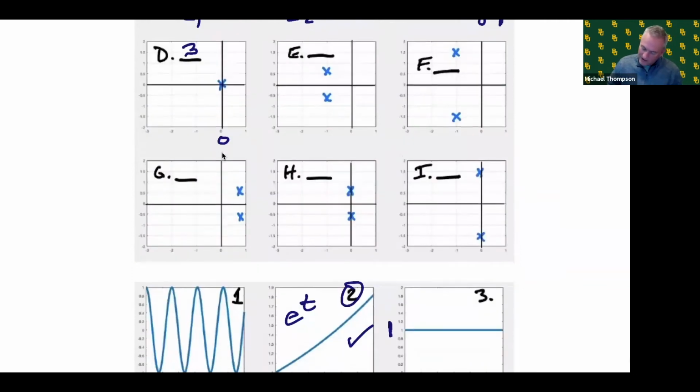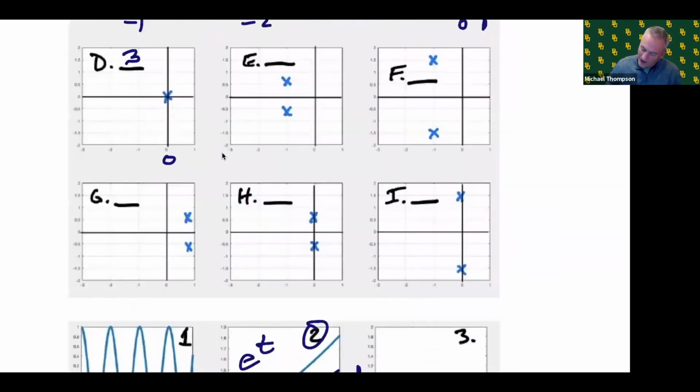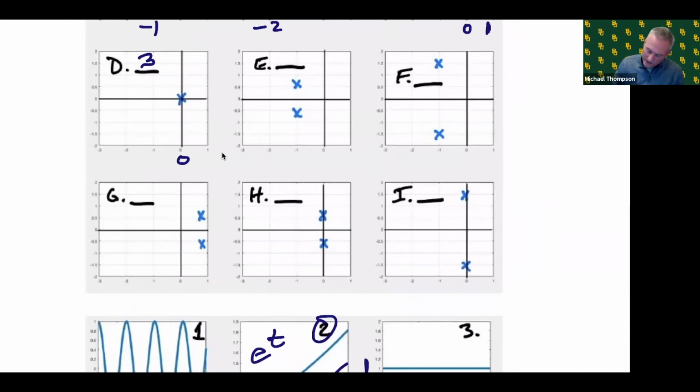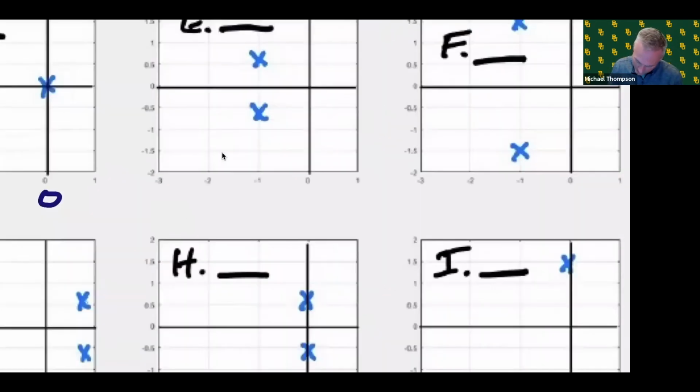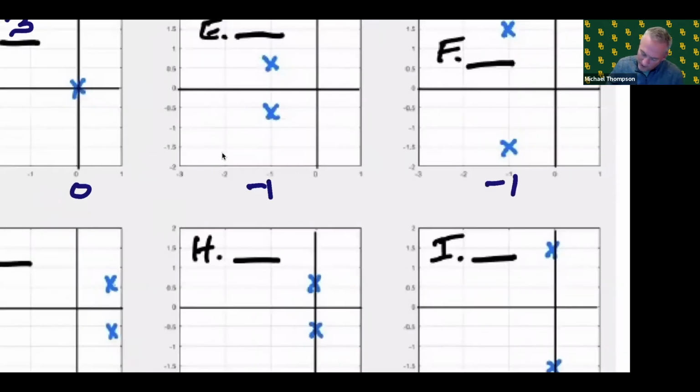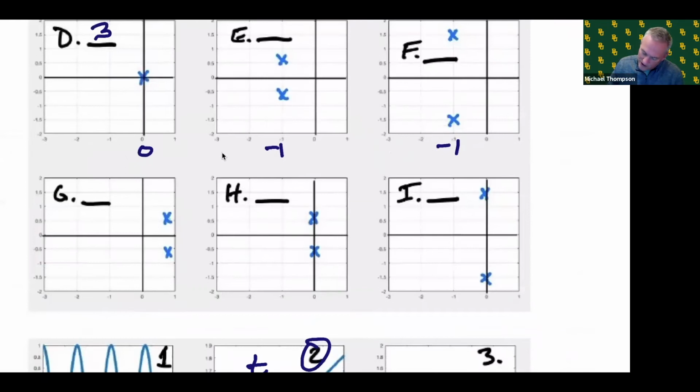Now, when I start looking at E and F, E and F have complex poles. If I zoom in here, they're both at -1 for the real part. So what is the difference?